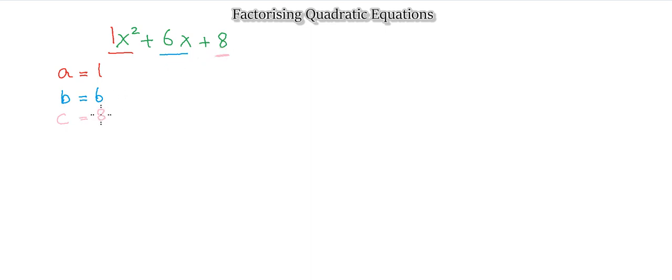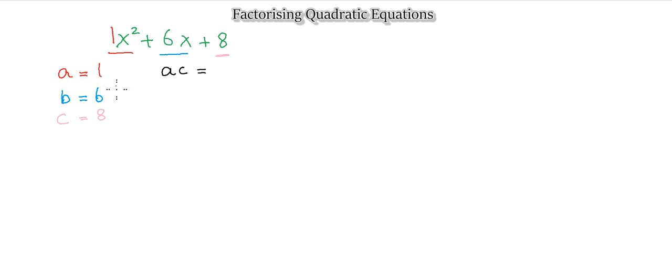Now, what is a quadratic equation? What we're basically doing is we're looking at two numbers that multiply to give me a number, and then the same two numbers will add to give me a different number. So how do we know what two numbers we're looking at? The two numbers that multiply should give a multiplied by c.